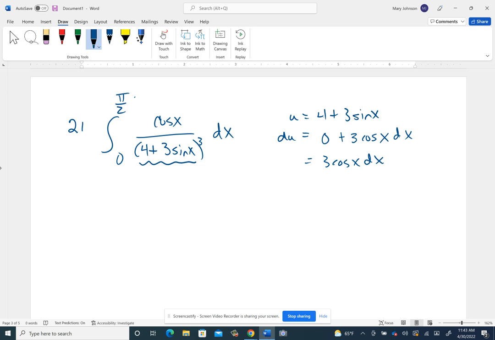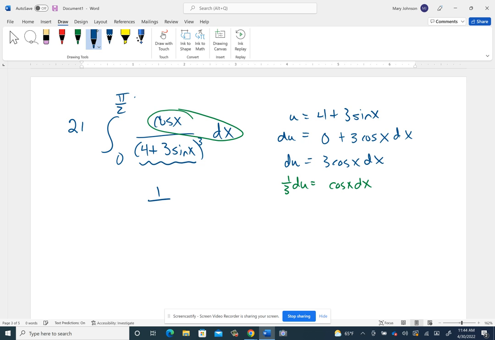Okay? All right, so right here, I see the cosine x dx. I'm going to be able to replace the cosine x dx with 1/3 du, aren't I? I could divide that 3 out of the way. Okay. All right. So I've really got, I'm going to rewrite this now.